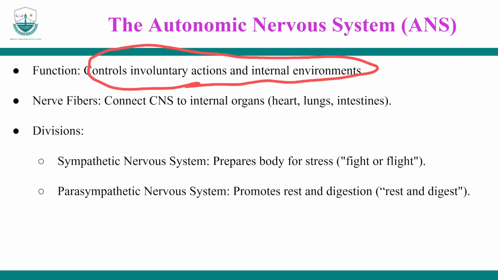The autonomic nervous system is divided into two. One, the sympathetic nervous system, which basically is released in situations where you are stressed.